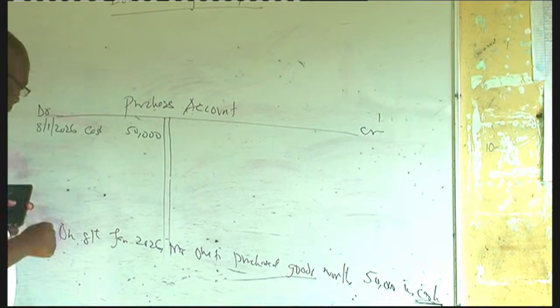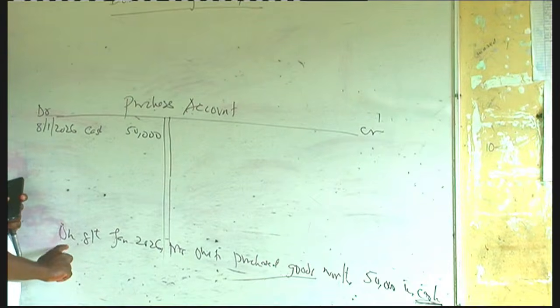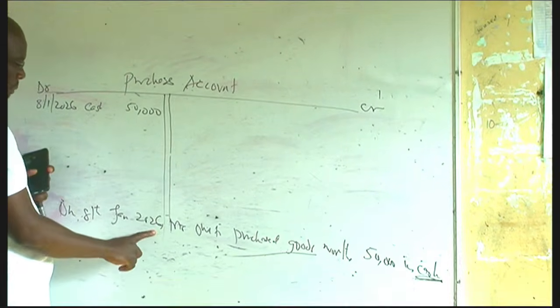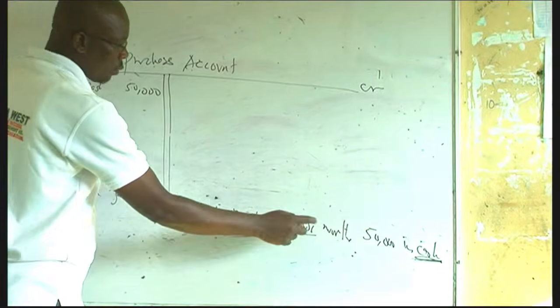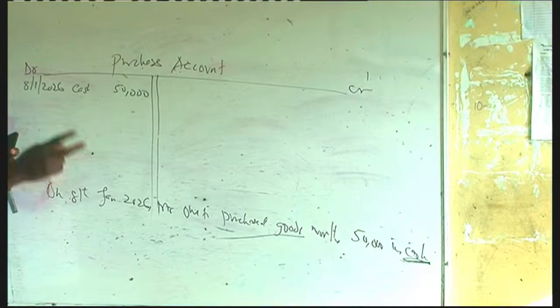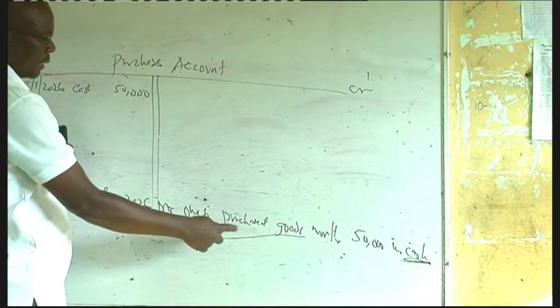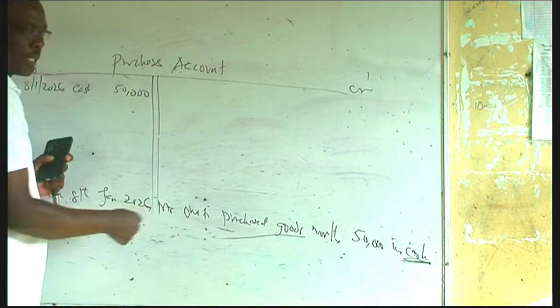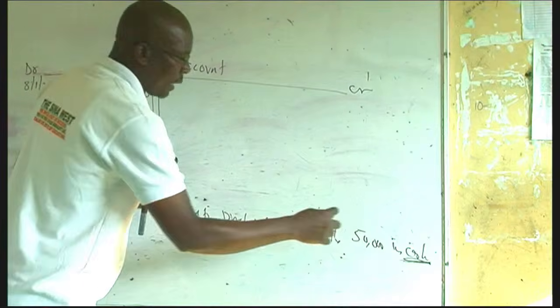So in this case, like in this one I've written down here, on 8th January 2026, Mr. Witty purchased goods worth 50,000 in cash. There are two items. You'll realize there is the purchases and there is the cash.